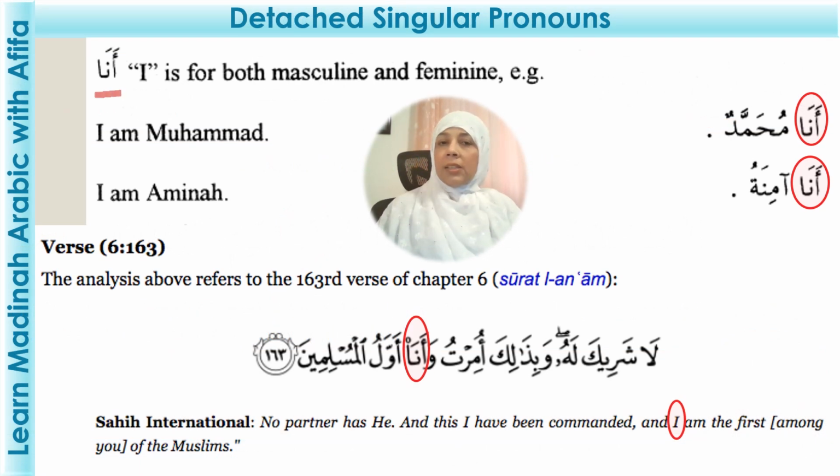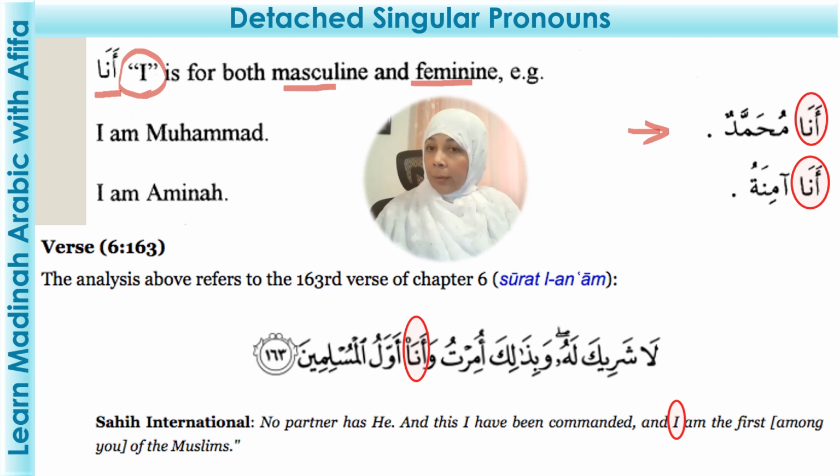So ana is a pronoun and it means I. It is used for both masculine and feminine. So we can say ana Muhammadun, or we can also say ana Aminatu. Let's look at a portion of this verse. Wa ana awwalul muslimin.